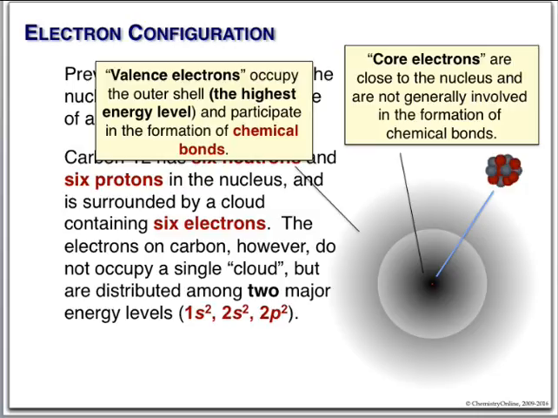Only the second period. First period is core. If we had aluminum, the core electrons would be all the ones in periods 1 and 2. And aluminum would have 1, 2, 3 valence electrons. In the third period, in the third group here, all of these are core, and these 3 right here would be valence. We'll get to that again in a second.